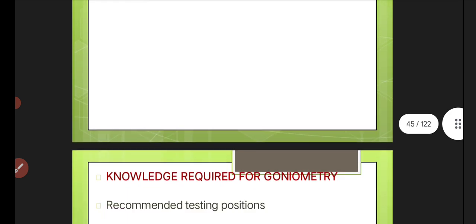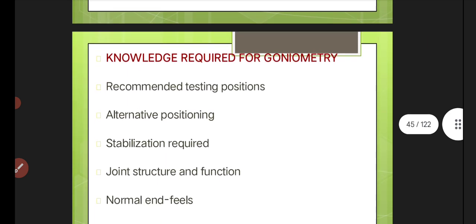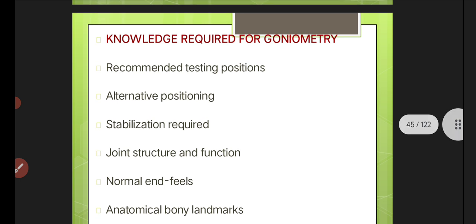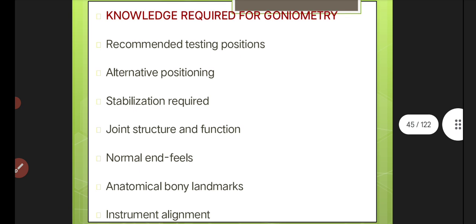In case of procedure, testing position is important, and alternating positioning is also important. Why alternating positioning?